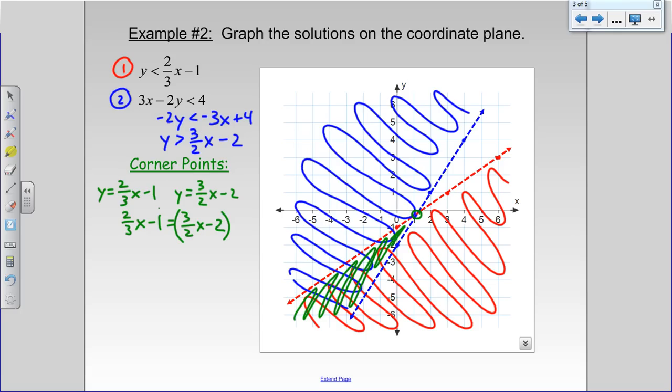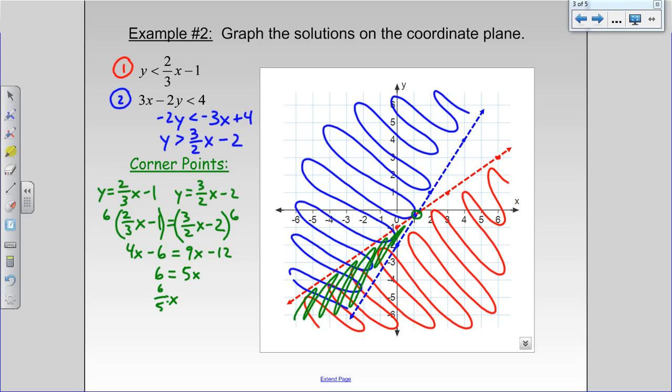we can then clear the fractions by multiplying both sides of the equation by 6. Then we can add 12 on both sides and subtract 4x on both sides in order to obtain x equals 6/5.